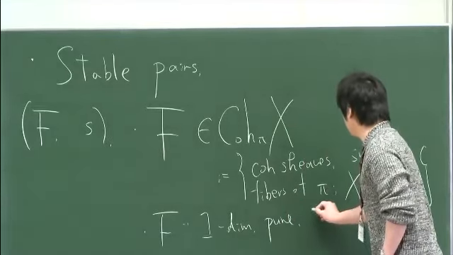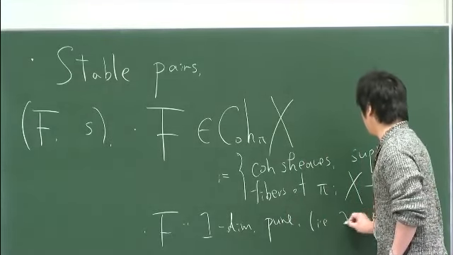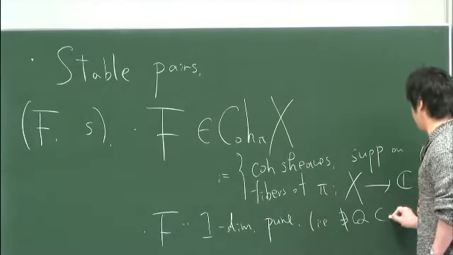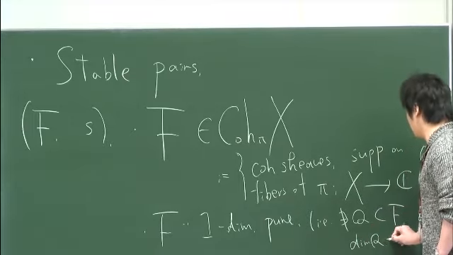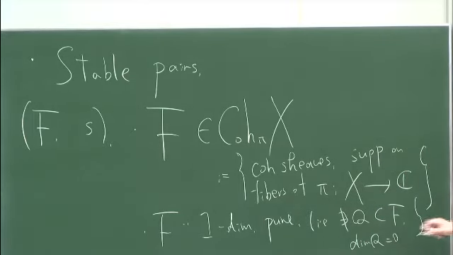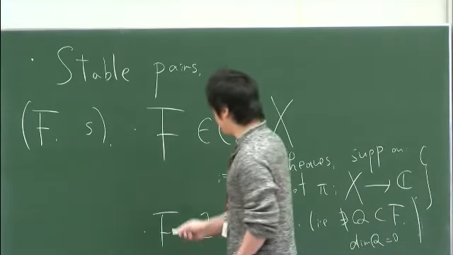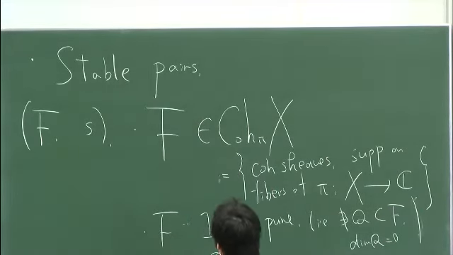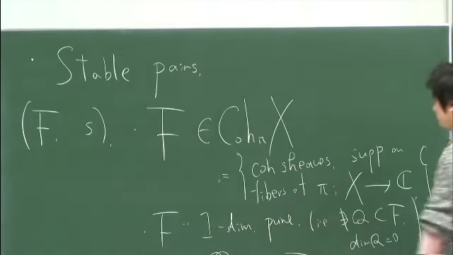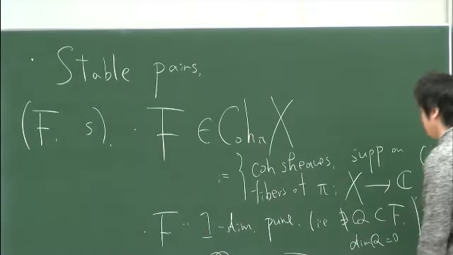That means there is no subsheaf that is zero-dimensional. And s is a map from O_X to F that is surjective in dimension 1.